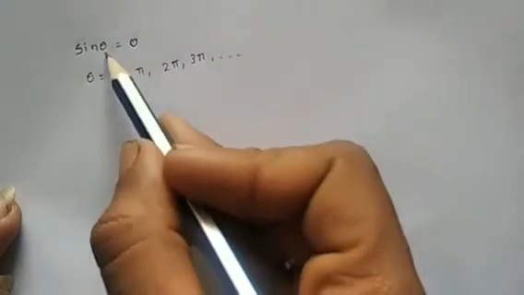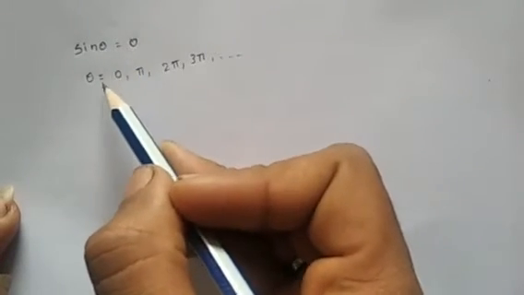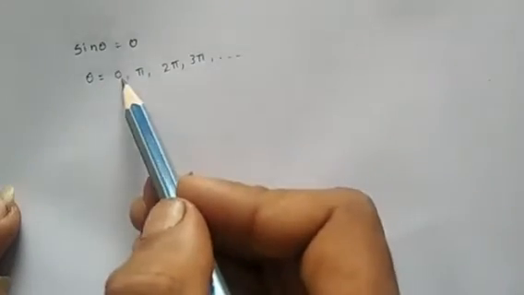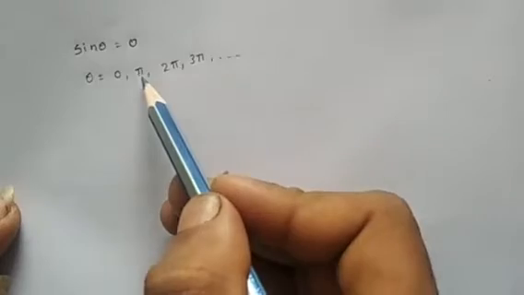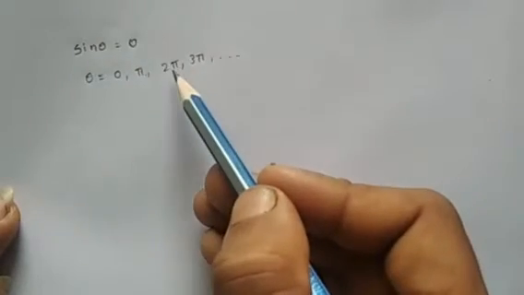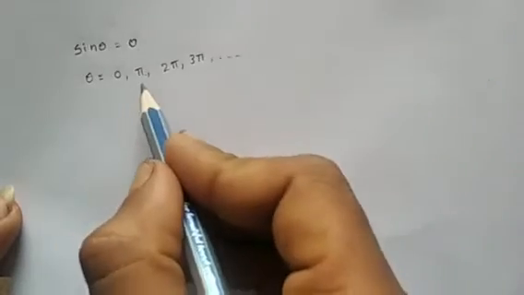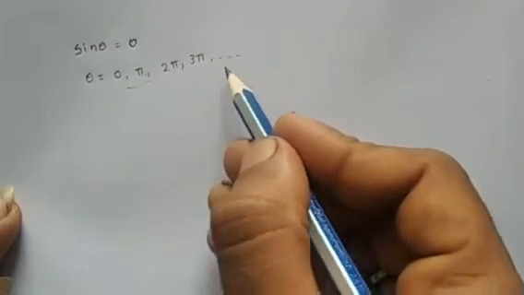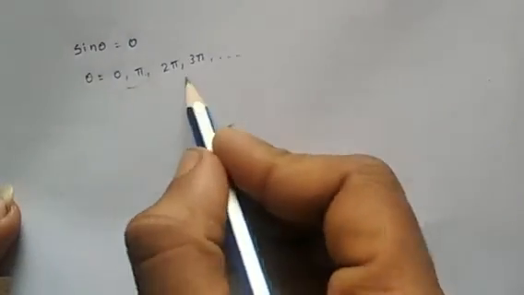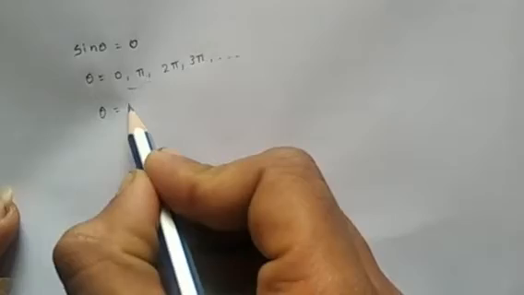Sin 0 is always 0. Sin 180 degrees is 0. Sin 360 degrees is also 0. So, 0, pi, 2 pi, 3 pi continue like this, so we generally say the theta value is n pi.